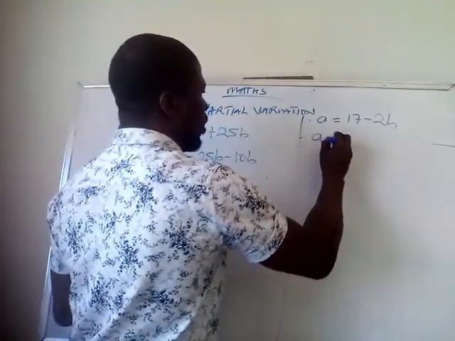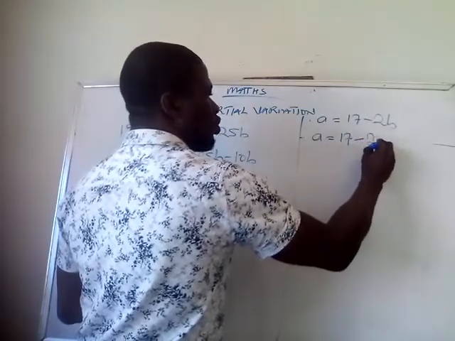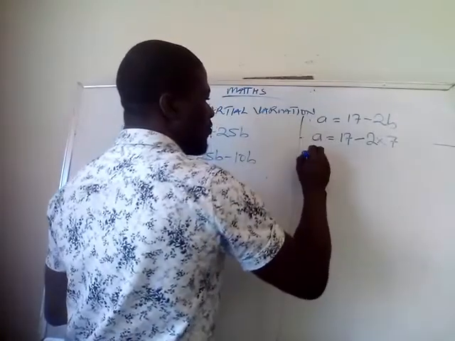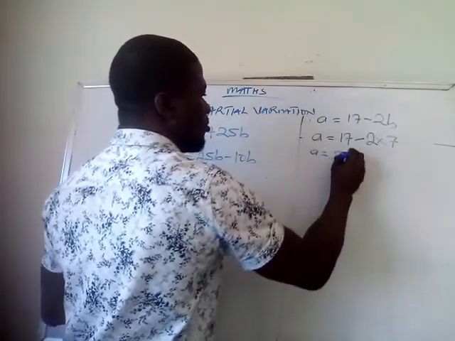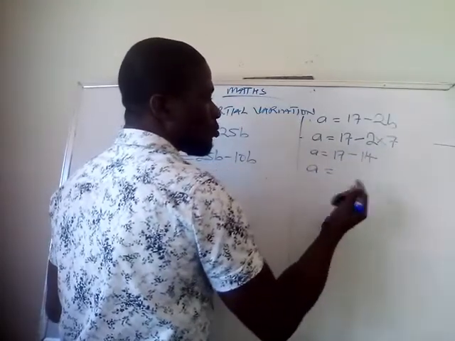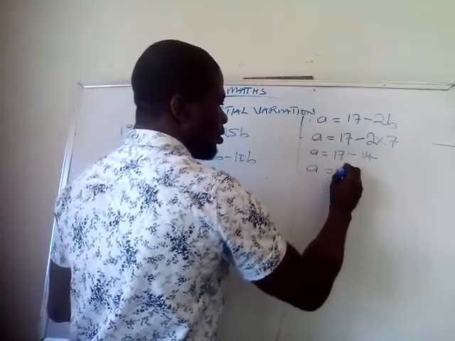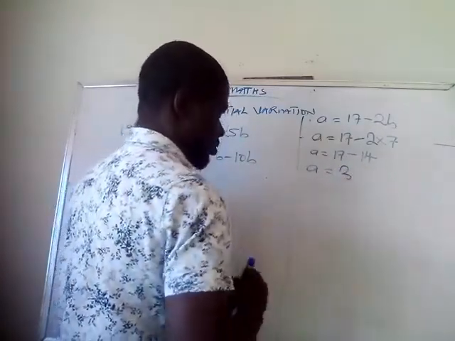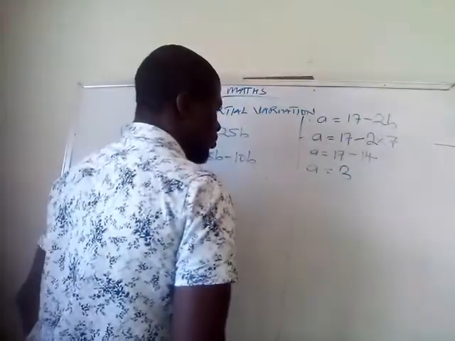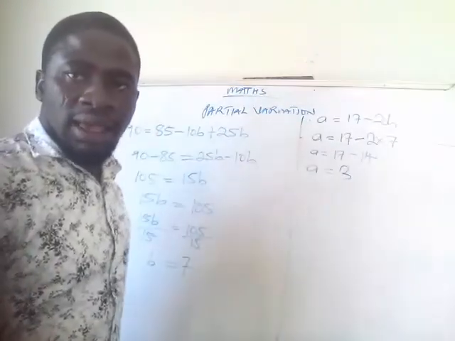So we have A equal to 17 minus 2 times 7. You have A equal to 17 minus 14. So our A is equal to 3. So we have gotten our B and also gotten our A.